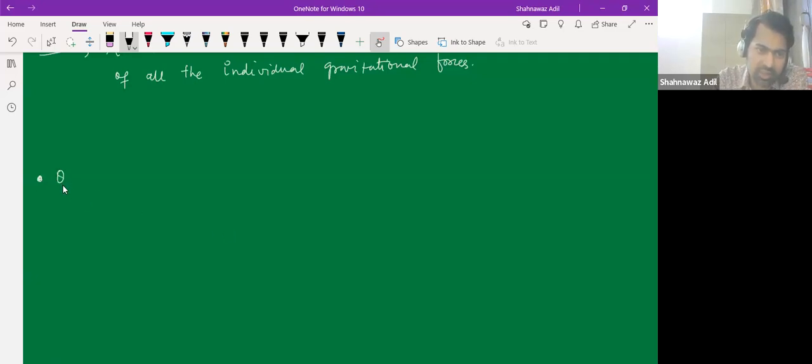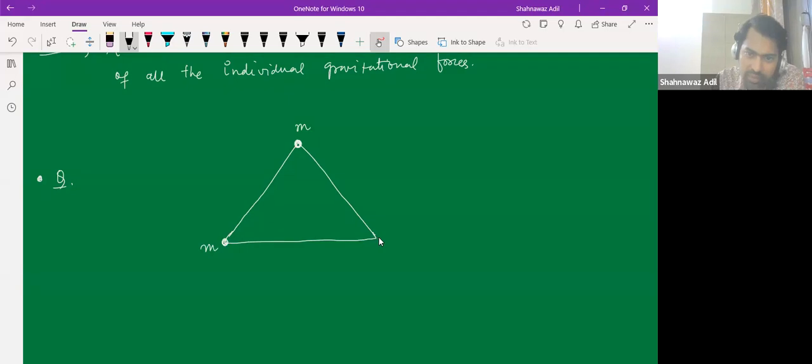This is an NCERT problem, and it states that we have 3 point masses kept at the vertices of an equilateral triangle. This is mass m. All the masses are equal. And the fourth mass, which is 2m, is kept at the center of this equilateral triangle.